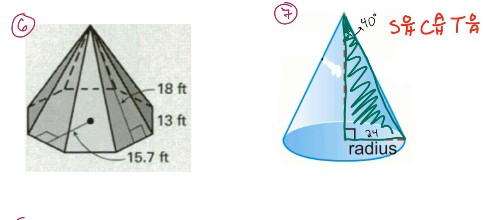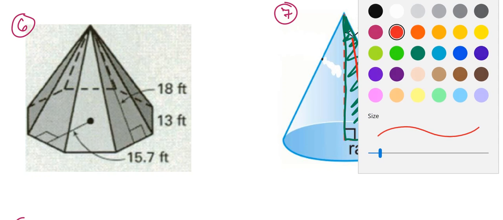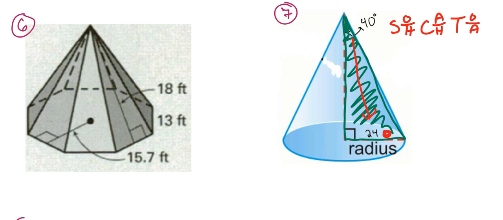From 40 degrees, we acknowledge the side. So from 40, this is opposite. And this is what we need. Let me not use H because I don't want you to think that's hypotenuse. And then this side here is our adjacent. That's what we need. So when it's O and A, that's when we use tangent. So it's going to be the tan of 40 equals opposite 24 over the adjacent.